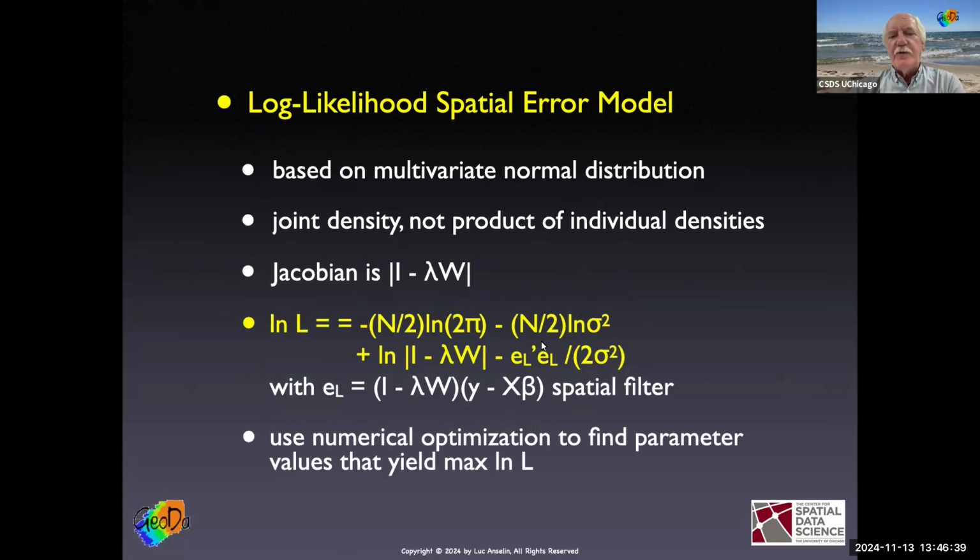In essence, this becomes a least squares in the spatially filtered error terms that we don't know, but with this additional Jacobian term. So it's not just straight least squares. We have to rescale it by the log of this determinant.